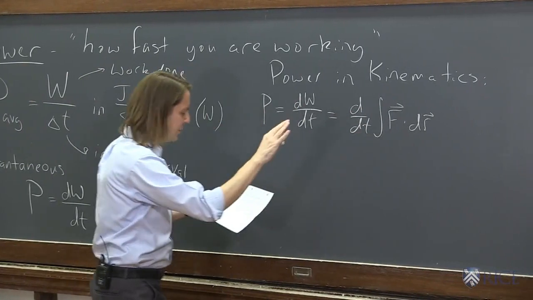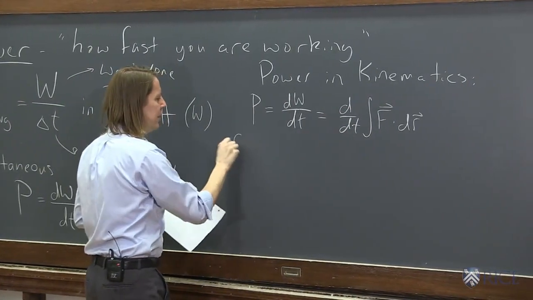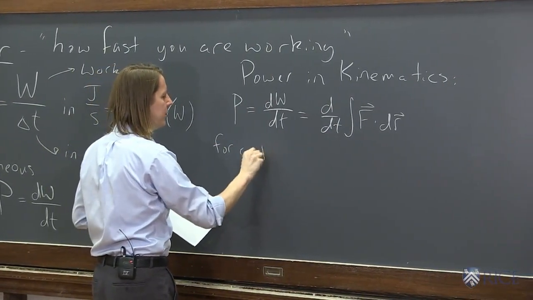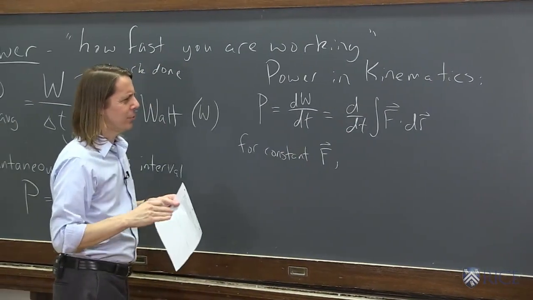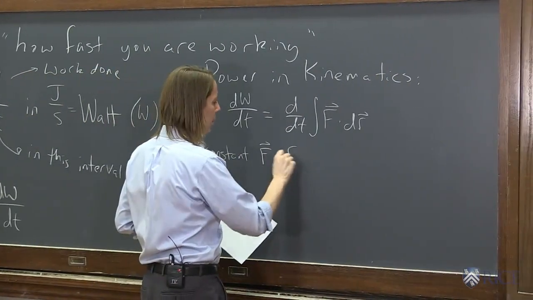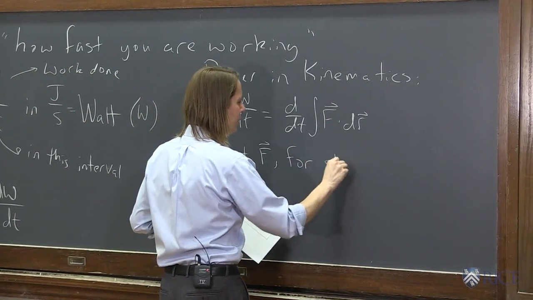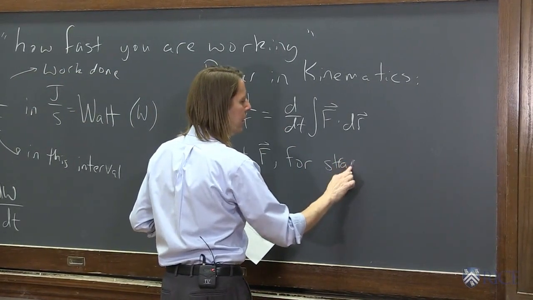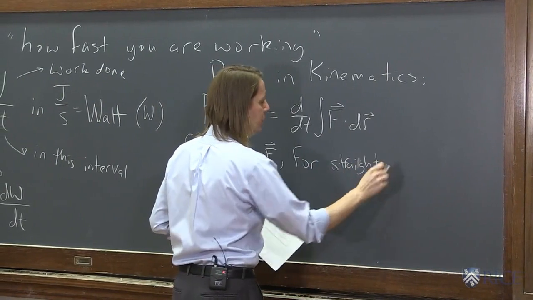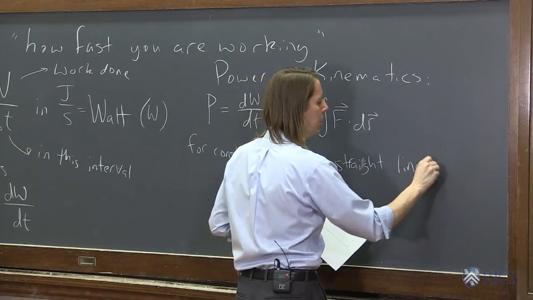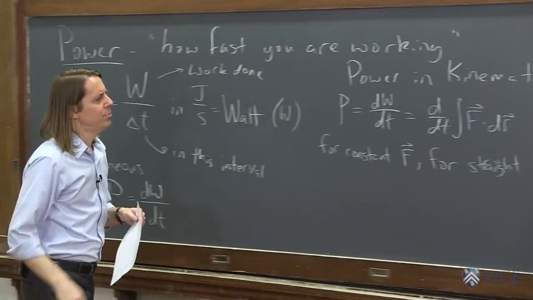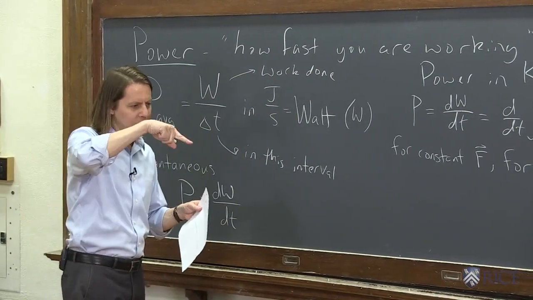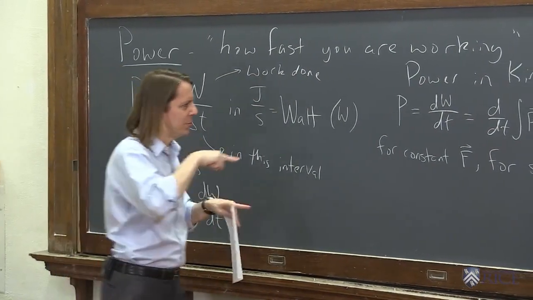But there's a simpler version I want to get to, say, for constant force and say for straight line motion, because that would cover a lot of simple kinematics situations. Then what you would have is that the dot product would be sort of a constant. So if the force is always the same direction and the motion is the same direction, they would go together.